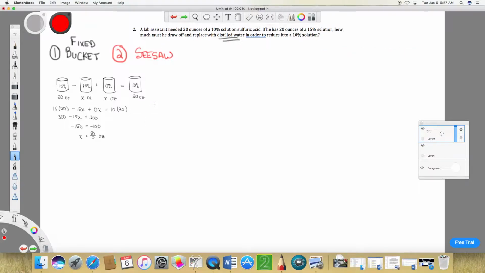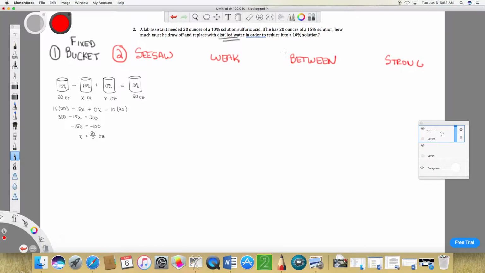the final concentration is in the middle, in between what you started with and what you're adding to weaken or dilute the solution. So that's how I start this seesaw method: identify the concentration of my weak solution, identify the concentration of the solution that's in between, and call the other solution the strong solution.